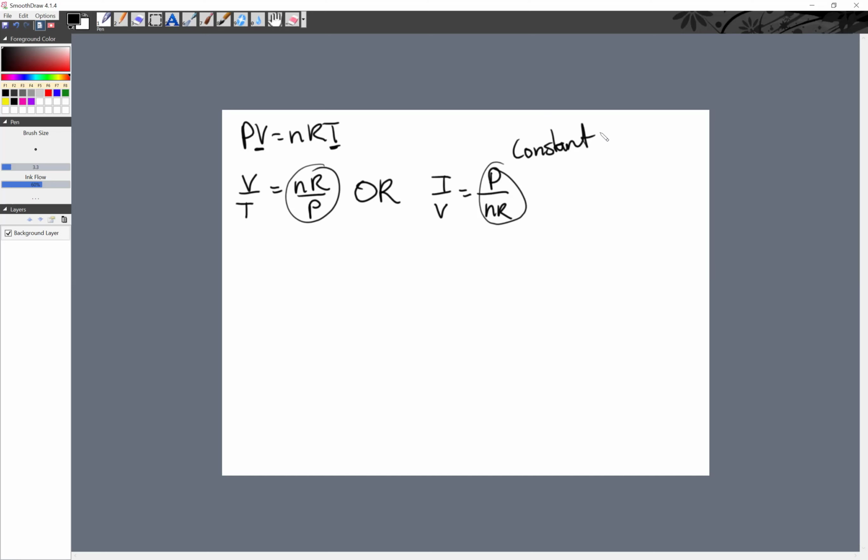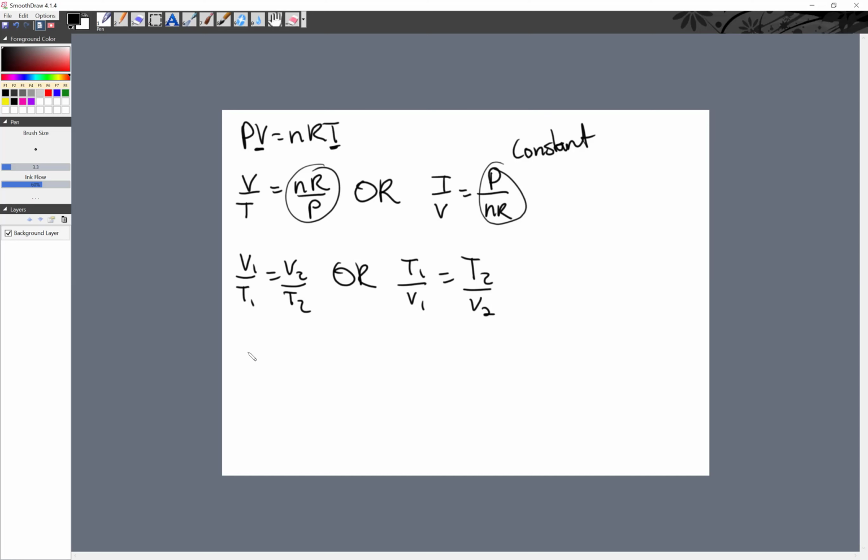So if I want to change conditions, I can say V1 over T1 is equal to V2 over T2, or T1 over V1 is equal to T2 over V2. There's no difference. Why would I use one over the other? Well, some people don't like to solve for variables in the denominator, so just use the other variation.